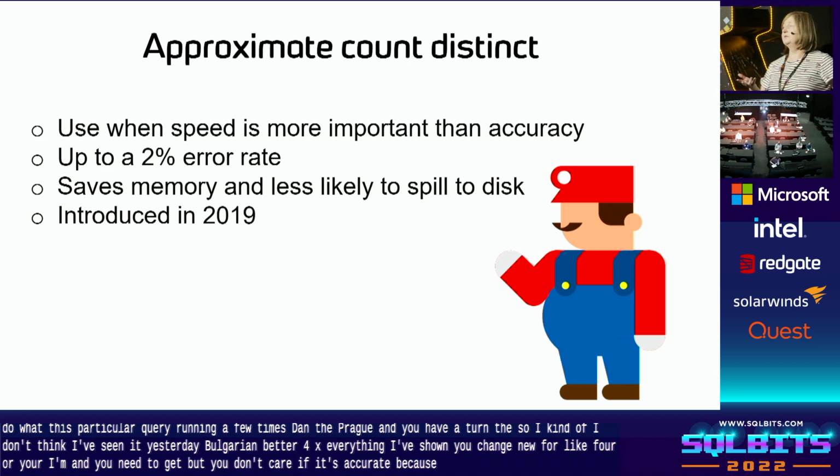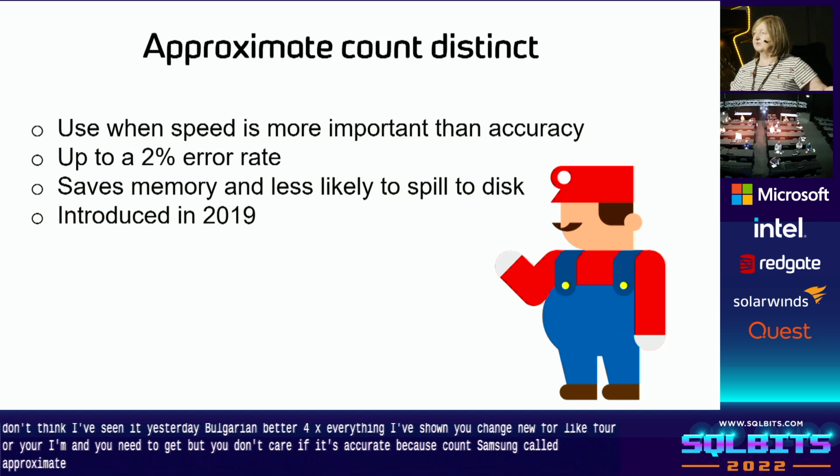So instead of using count distinct, you can use this function called approximate count distinct. It will not give you the exact answer, but it will give you an approximate answer very quick.